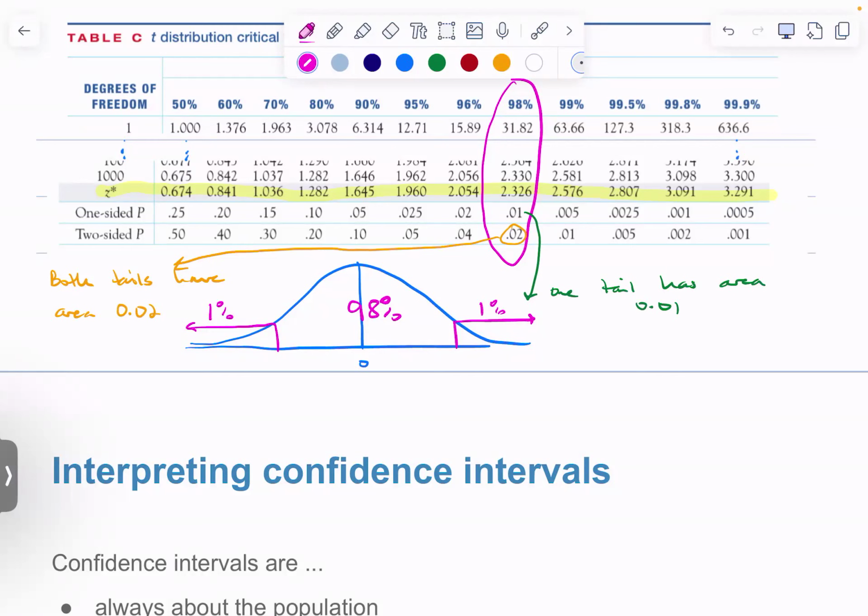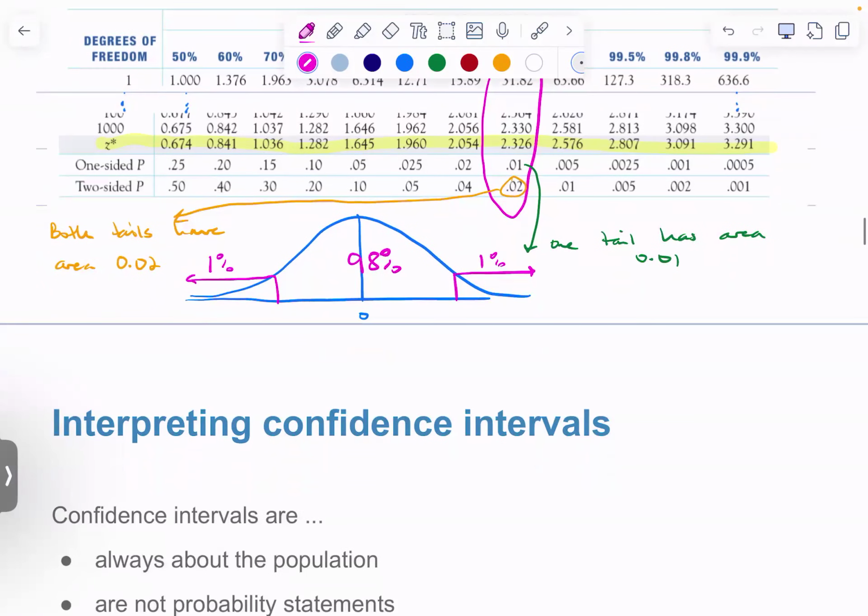And this is from Z equals negative 2.326 to Z equals 2.326. Both tails have area 0.02.